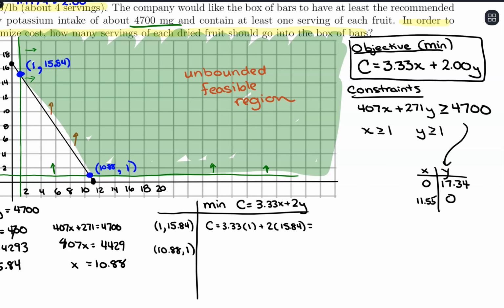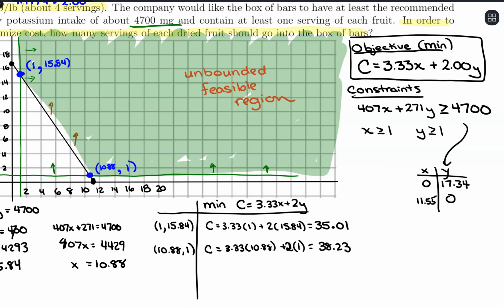And that's going to be 35.01. And then we want c equals 3.33 times that 10.88 plus 2 times 1, right? Same thing. And that's going to be 38.23.